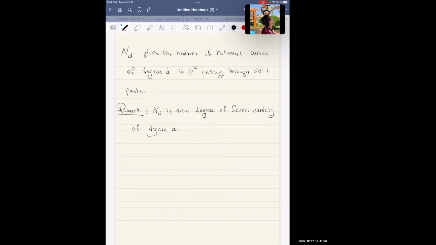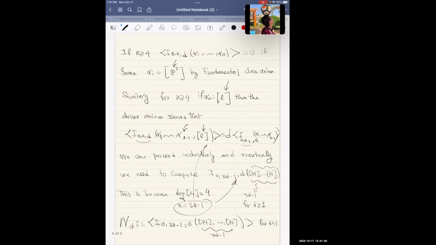Now, Gromov-Witten invariants of genus 0 curves in P2 eventually allow us to calculate the number of rational curves of degree d passing through 3d minus 1 points. And the 3d minus 1 really comes because of the degree axiom. That's what we are forced to eventually be computing.